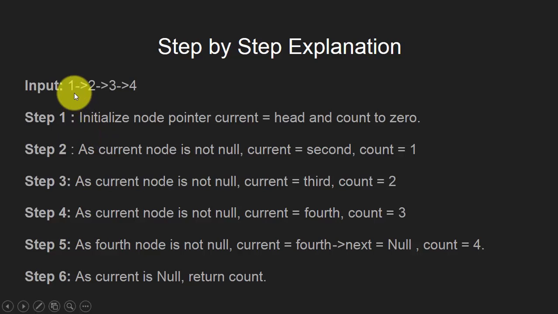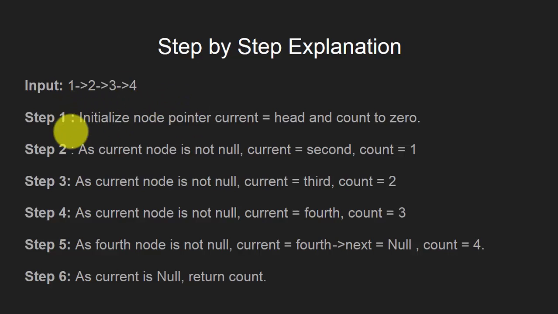As this node is not null, we will increment the value of the variable count by 1 and change the pointer to point to the second node. Now the value of variable count is 1. Again, this node is not null, so we will change the pointer to point to the third node and the value of the variable count becomes 2.